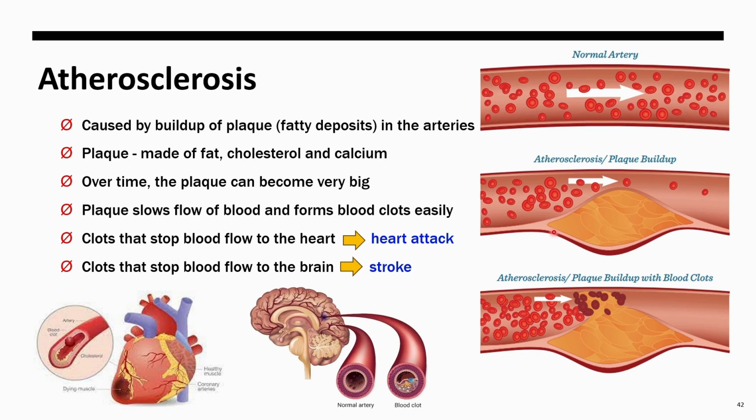Over time, these fatty deposits become bigger and bigger, and they slow down the blood flow. Dead red blood cells can also get stuck in there, stop the blood flow, and form blood clots easily. The clots that stop blood flow to the heart cause heart attacks. And the clots that stop blood flow to the brain cause strokes.